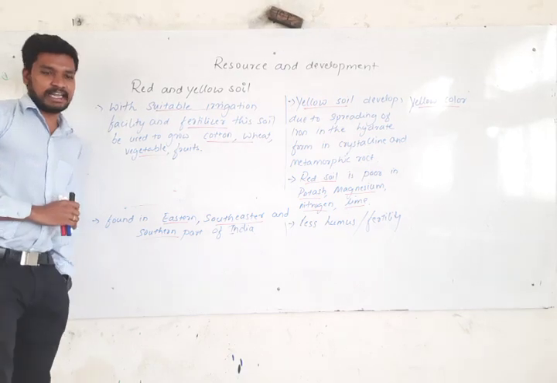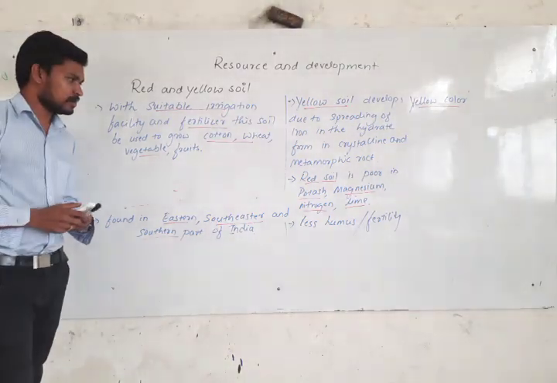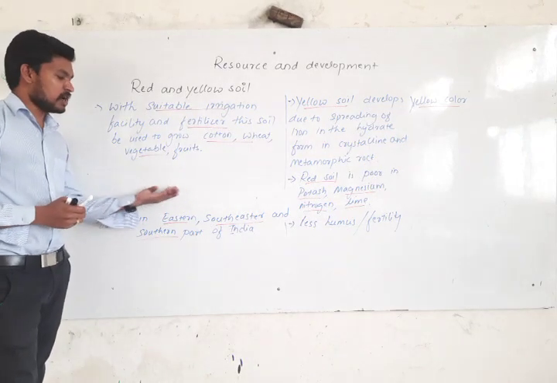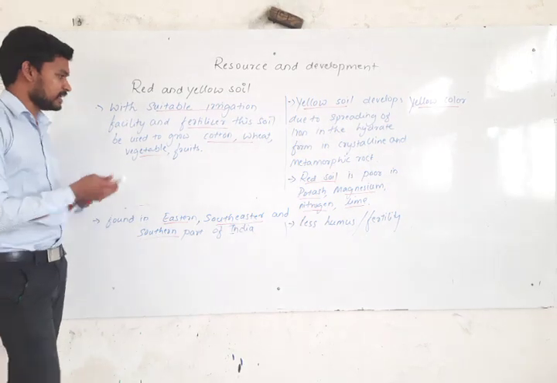That's about this red and yellow soil, and it occupies around 3.5 lakh square kilometers of the areas of India.